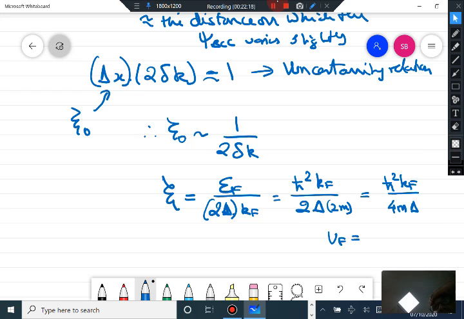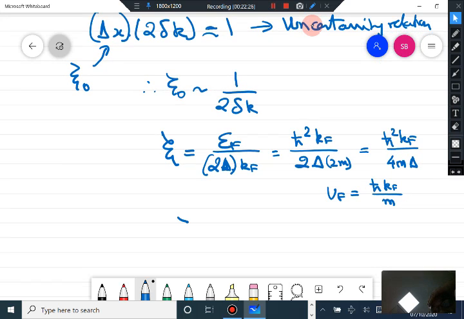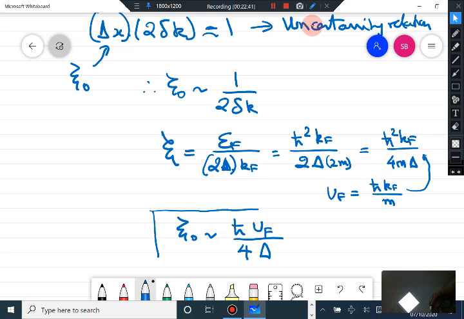The Fermi velocity is ħkF by m for an electron. So ξ0 is ħvF by 4Δ.